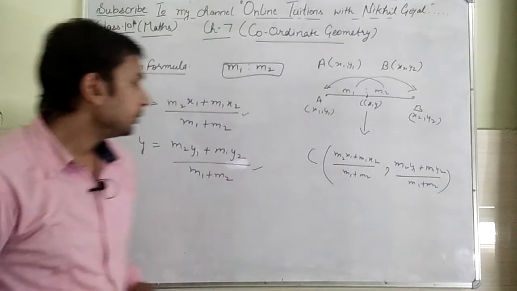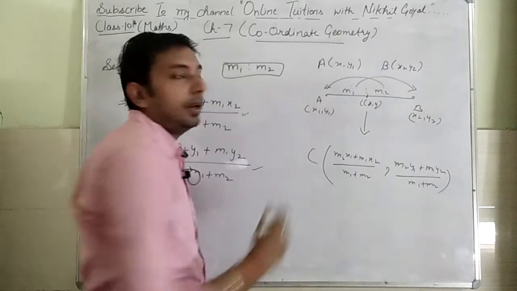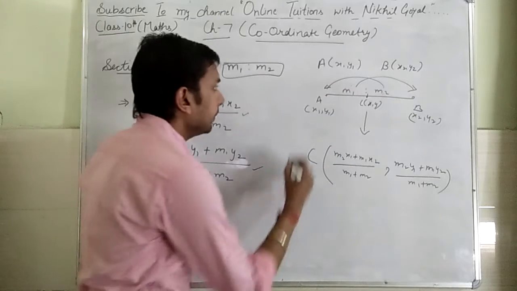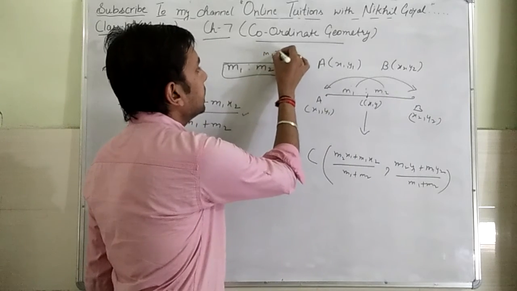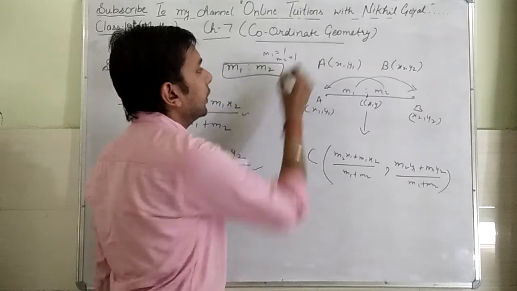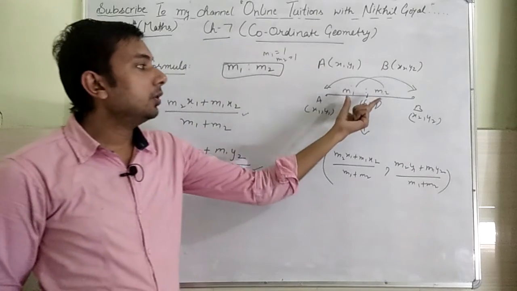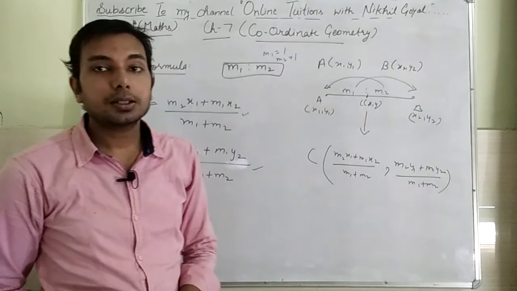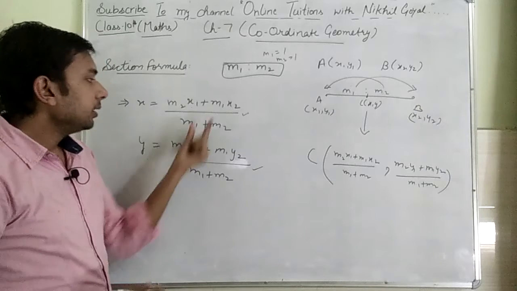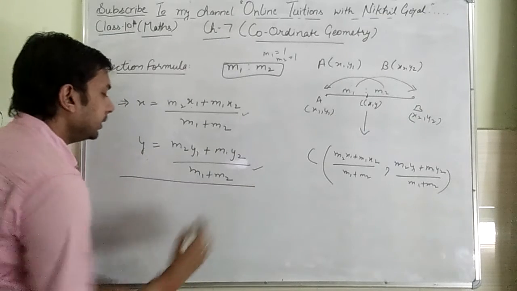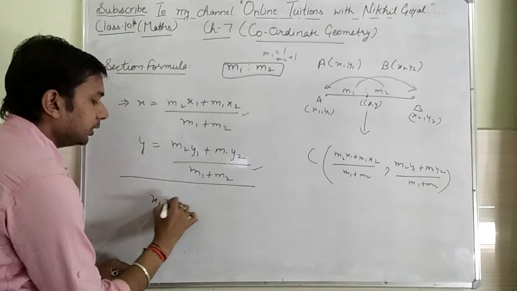So if the ratio m1 and m2 is equal, for example m1 is equal to 1 and m2 is equal to 1, that is, if the line is divided into two equal parts, it is bisected, then the formula is modified.